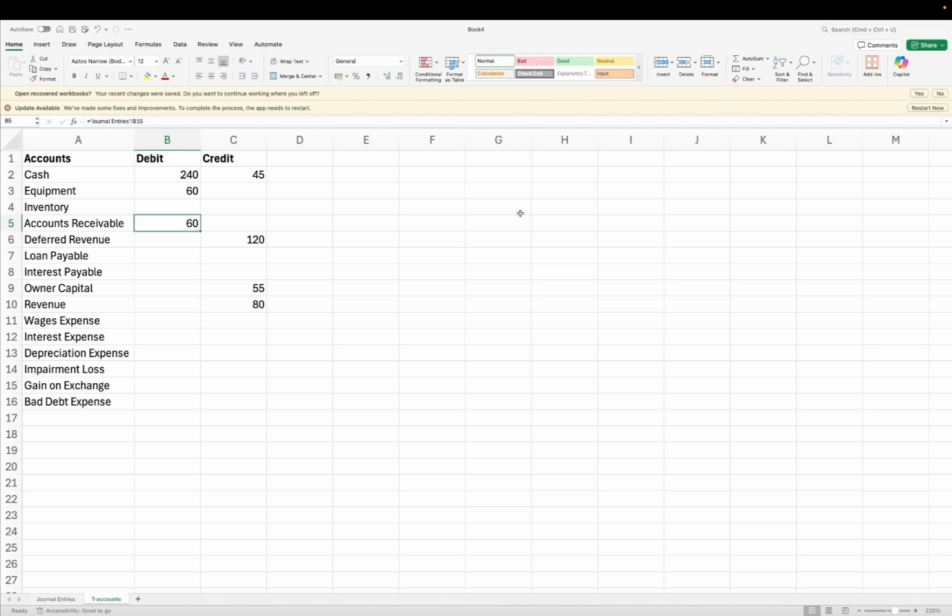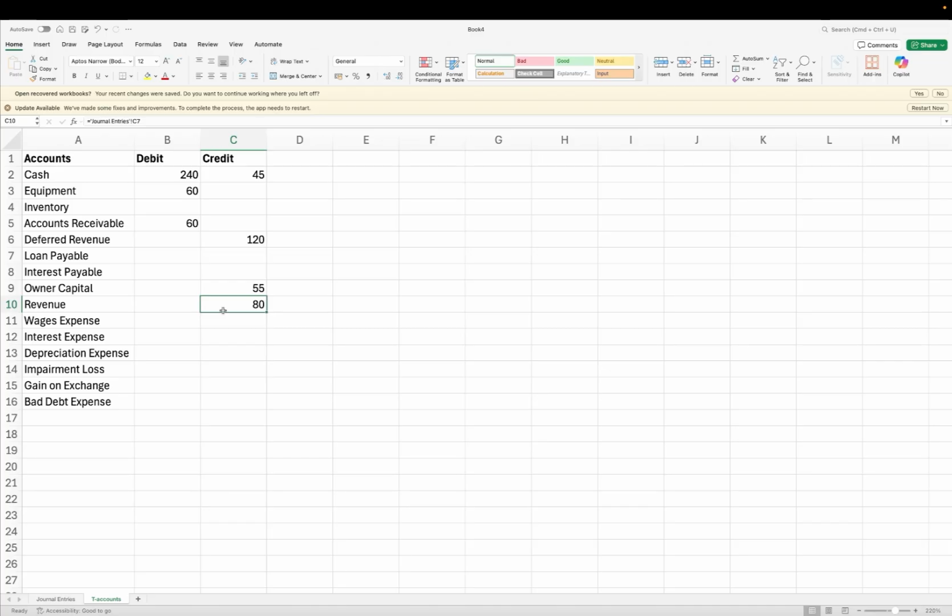Now we move on to the credit portion of the transaction, which is clear. We've got the revenue of 60, right? So the journal entry shows an additional credit of 60 to revenue.